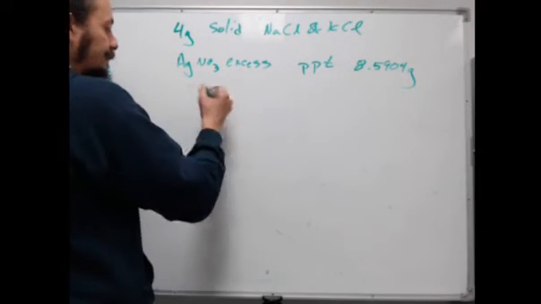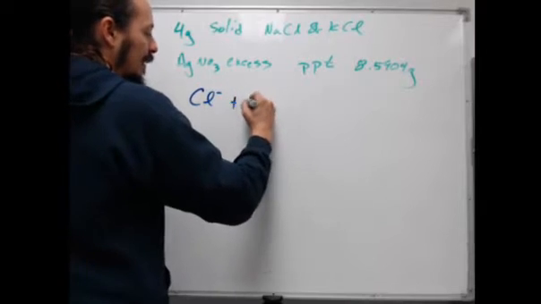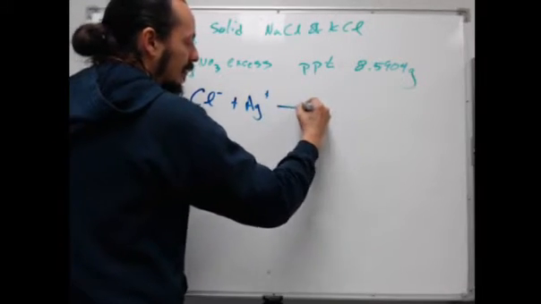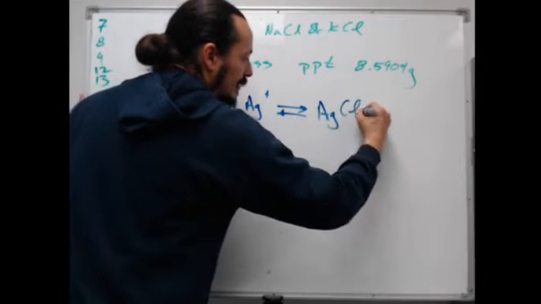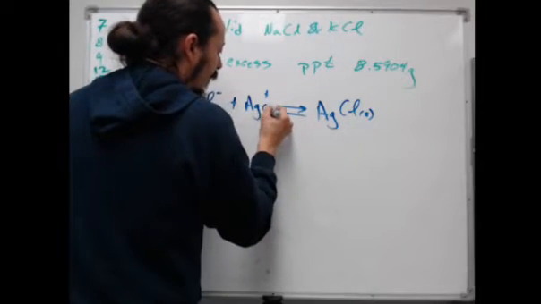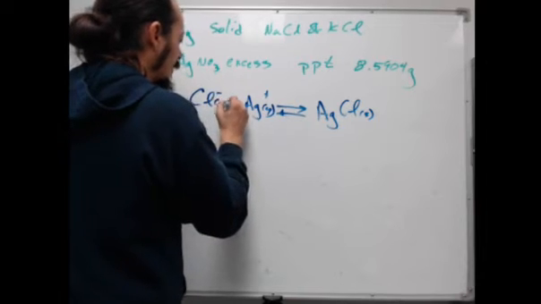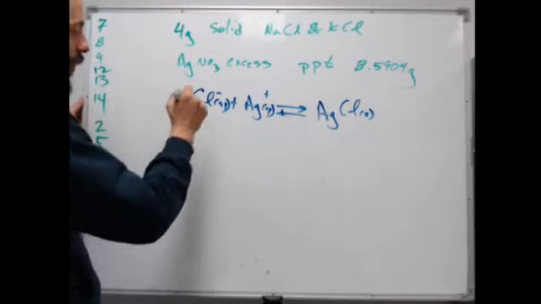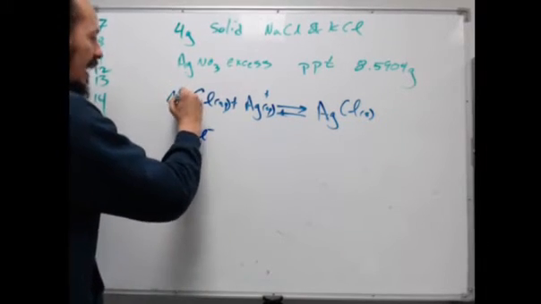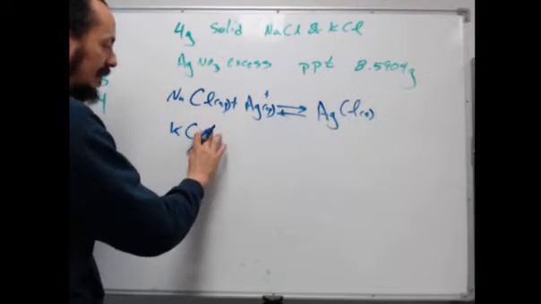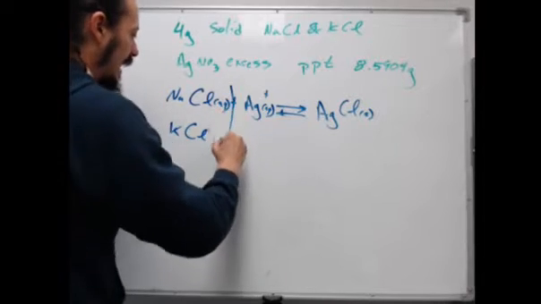So we've got Cl minus plus Ag plus goes to AgCl solid. And the problem is there's 2 sources of Cl minus. There's NaCl and there's KCl, both reacting with Ag plus.